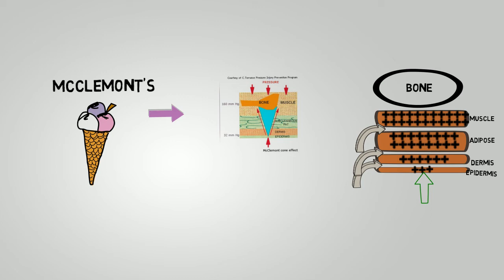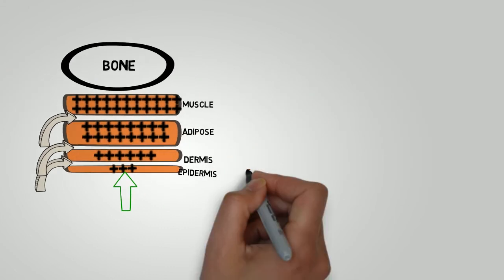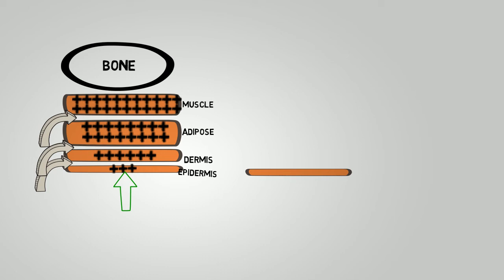And that gives us this picture of a gradient of pressure increasing in severity from the epidermis to the muscle. In practical terms, this means that there is the potential for tissue damage to go deeper and wider than we can tell from examining the external surface of the skin.